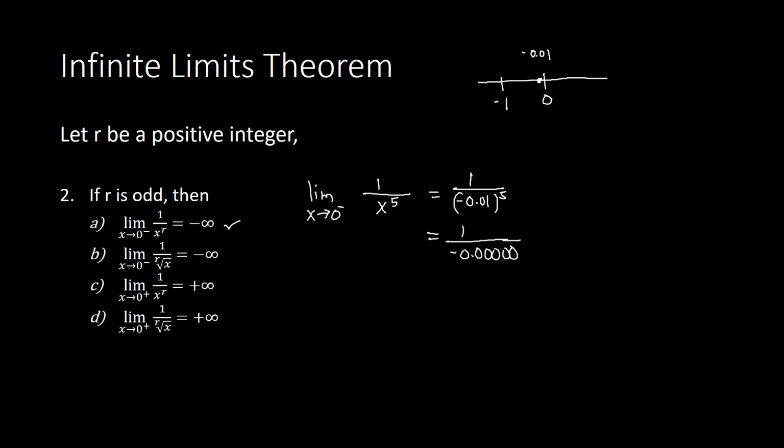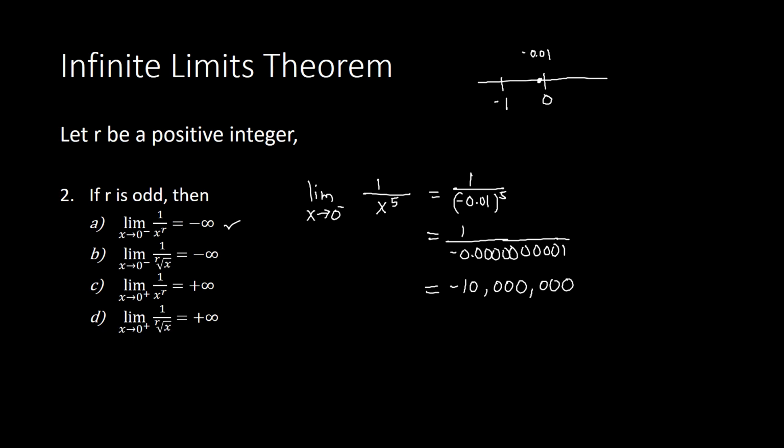I'm counting now the number of zeros: 1, 2, 3, 4, 5, 6, 7, 8, 9, and 10. I mean, yeah, 9. Okay, so that will be the particular value. Once we divide this, of course, that will give off a negative value. That's going to be negative 10 billion.